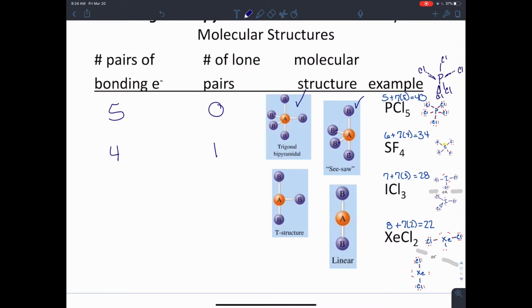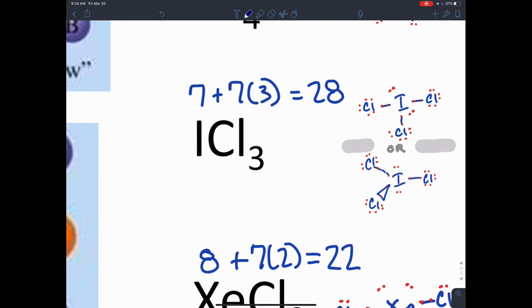ICl3, so that has 3 bonding pairs, and 2 non-bonding pairs, which I found out when I made the Lewis structure. Can I show you my effort to make a Lewis structure here? I hope that my artistry is getting a little bit better. So the basic Lewis structure here is totally fine.